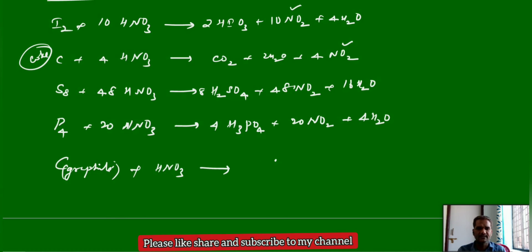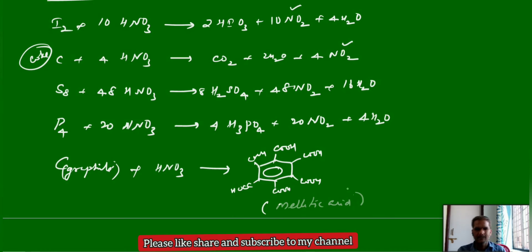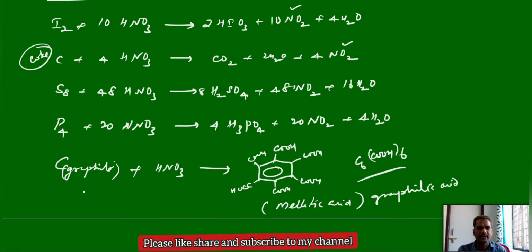This is mellitic acid we will get, or benzene hexacarboxylic acid. In place of hydrogen, we just write COOH functional groups. And this is called mellitic acid, or we can say graphitic acid. The formula is C6(COOH)6, obtained when graphite is treated with concentrated nitric acid.